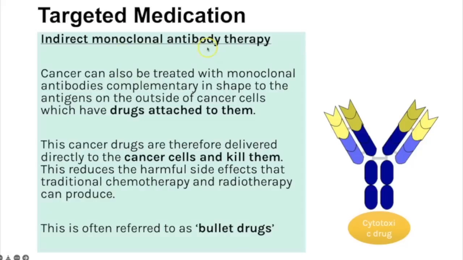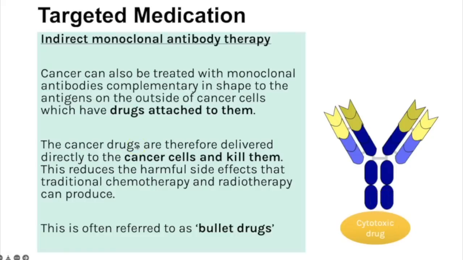Indirect monoclonal antibody therapy can also be used to treat some cancers. The monoclonal antibody is created exactly the same, except there will be a drug attached to them. Indirect monoclonal antibody therapy starts with the same process of creating a monoclonal antibody which has a binding site complementary in shape to the antigens on the outside of cancer cells, but this time a drug is also attached to the antibody.